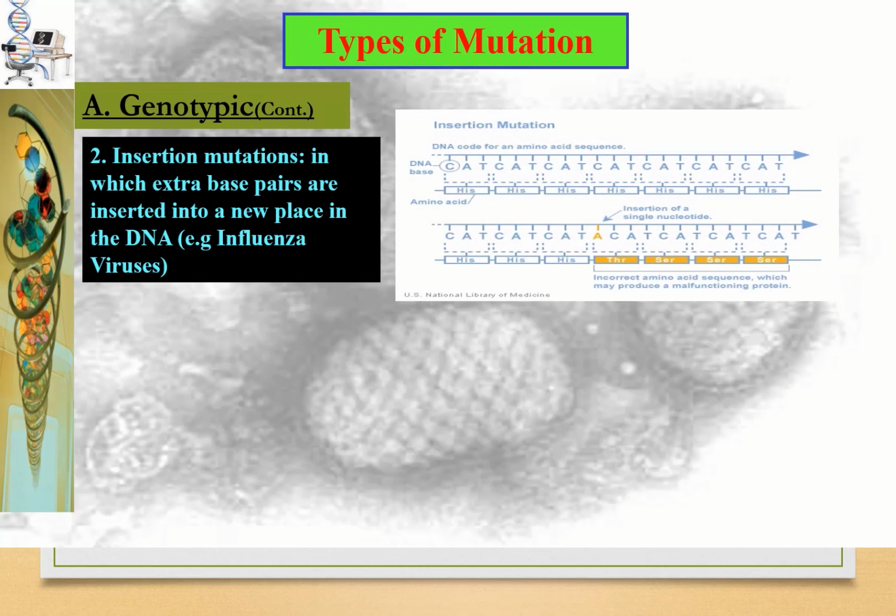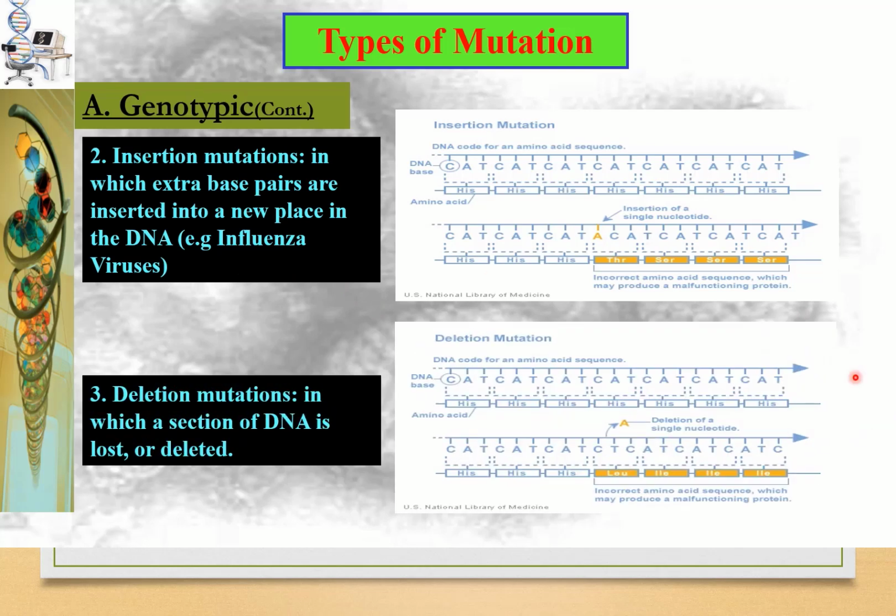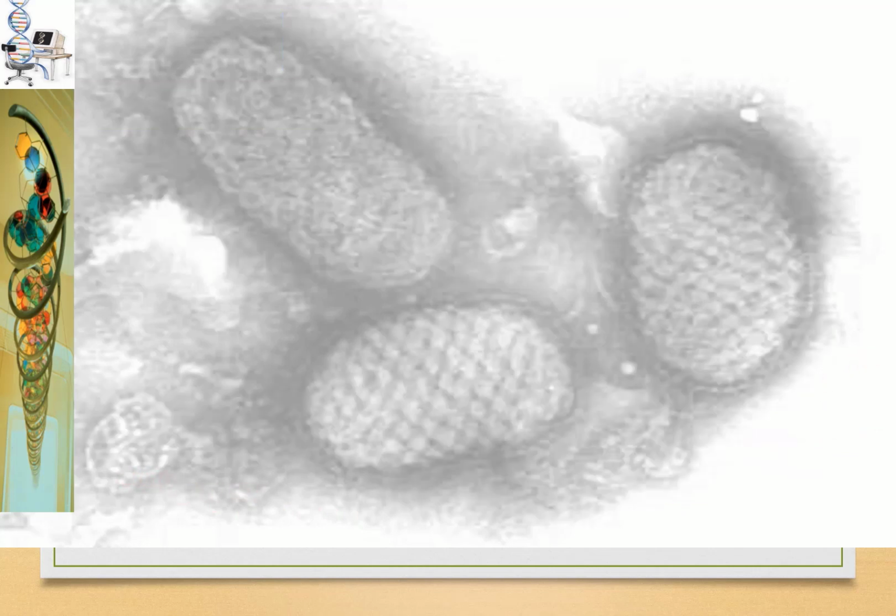A genotypic insertion mutation, in which extra base pairs are inserted into a new place in the DNA. A deletion mutation, in which a section of DNA is lost or deleted.